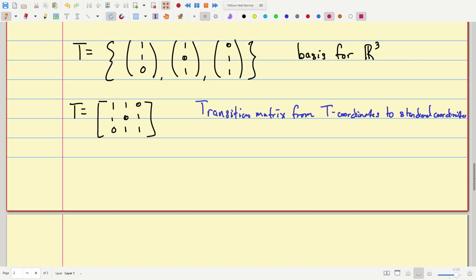Okay. The procedure, the idea that we're following is going from non-standard coordinates to the standard basis. And then what you want to do is go from the standard basis to some other coordinate system.